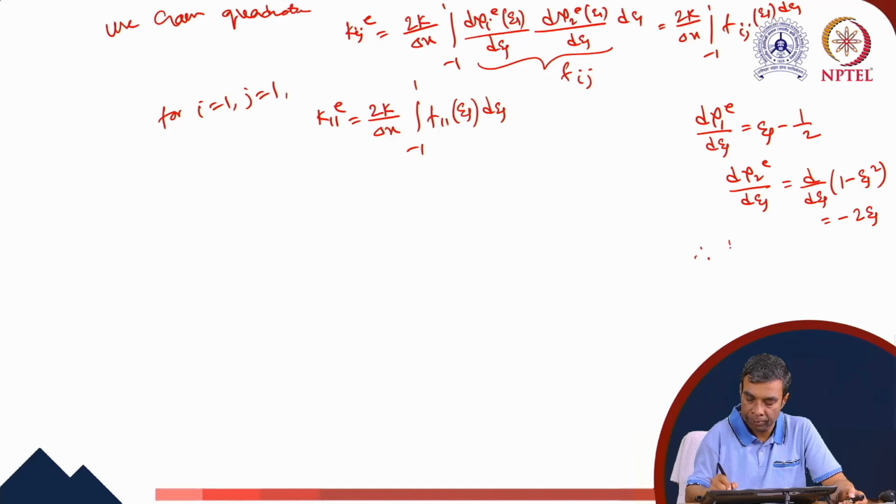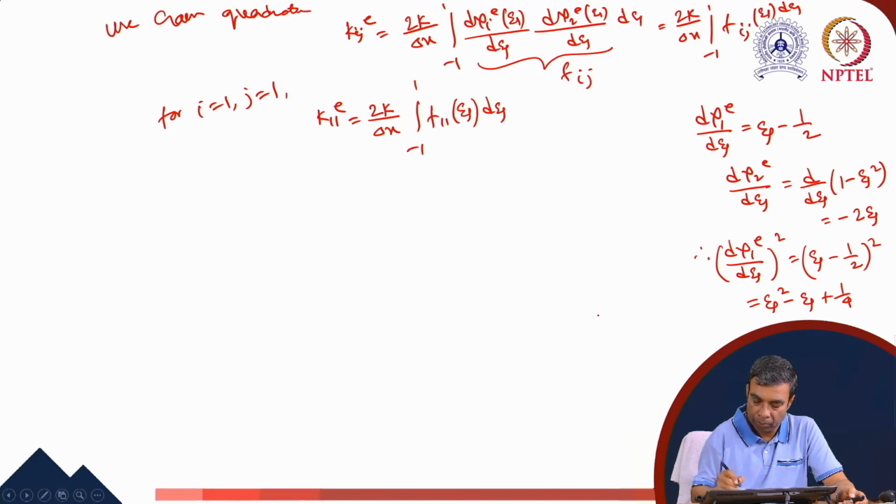Therefore, (d psi 1e by d xi) whole square equals (xi minus half) whole square, which equals xi square minus xi plus 1/4.